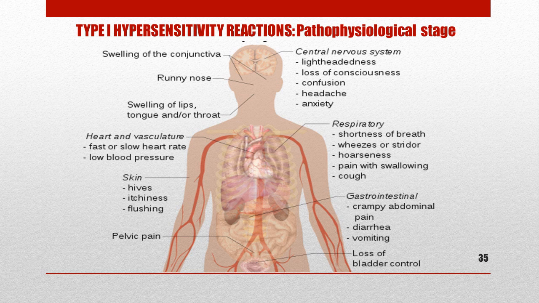Now, third stage. Mediators act to relax smooth muscle elements of arterioles and capillaries, which results in their dilatation, hyperemia, and arterial hypotension. Increased permeability of microcirculatory vessels leads to edema.